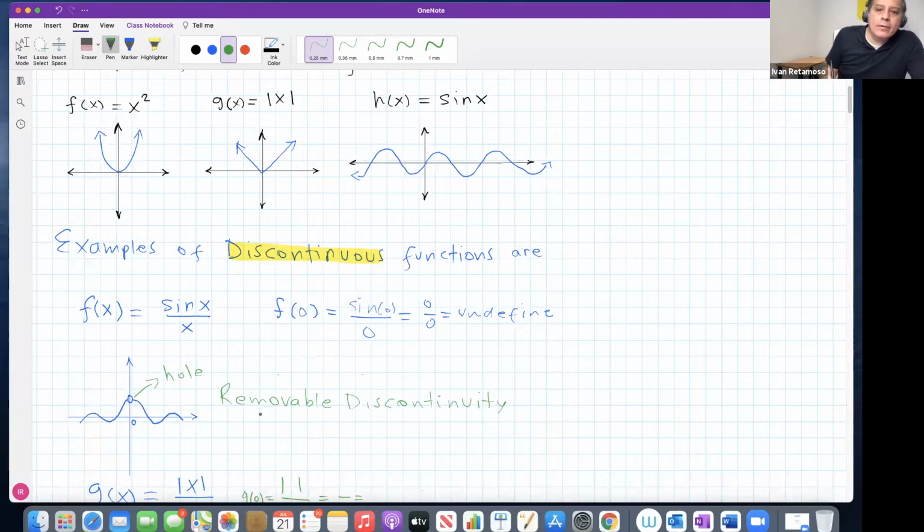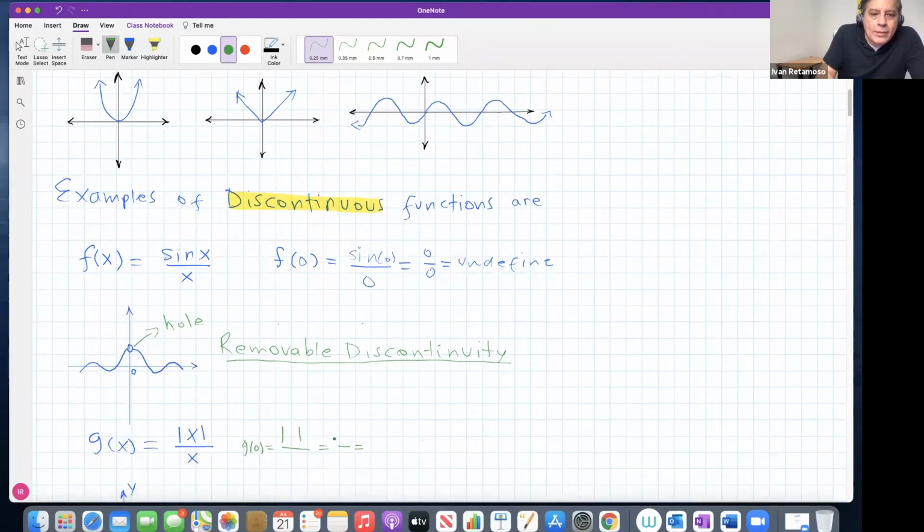It's a removable discontinuity because it is enough to place one point here to make this whole graph a continuous graph. The only thing that is missing is a point. So mathematicians call it removable discontinuity, the simplest type of discontinuity.